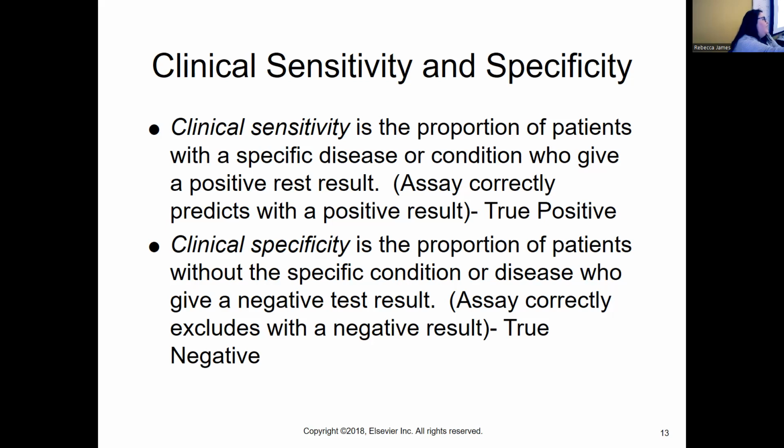So tell me, in an instance where you think that could happen, when could a woman who is pregnant get a negative pregnancy test? If she's too early. Exactly. If she doesn't have enough of the HCG hormone in her system, that would be a false negative, because she's actually pregnant, but it comes up as negative. Does that make sense? Okay.